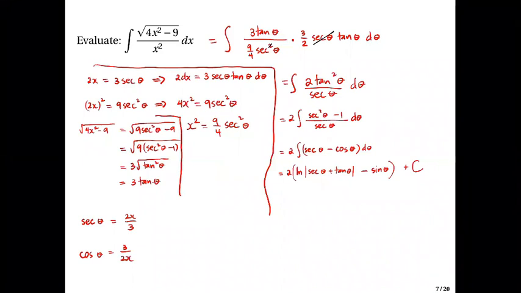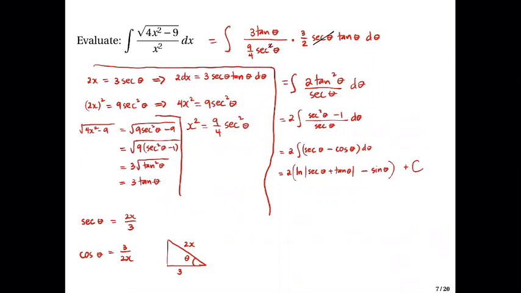So if we use triangles, this is your theta. Cosine theta equals 3 over 2x. Cosine theta is adjacent over the hypotenuse. Adjacent here, hypotenuse is here.